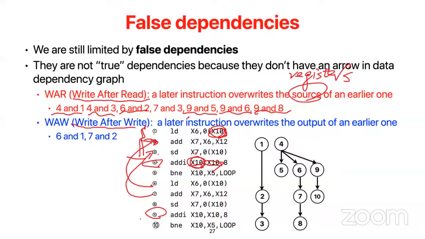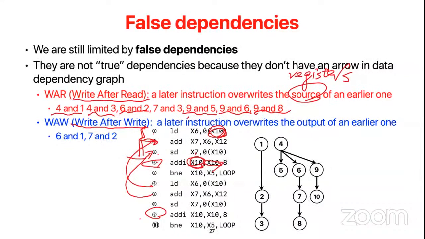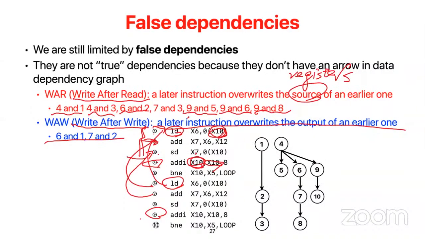A later instruction overrides the output of an earlier one. For instructions like 6 and 1, if I try to load the value twice here, then one of the X6 values is going to vanish, and the later instruction won't be able to get the correct result.